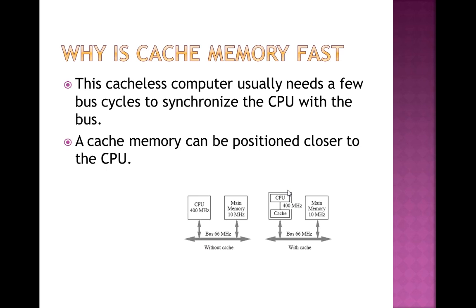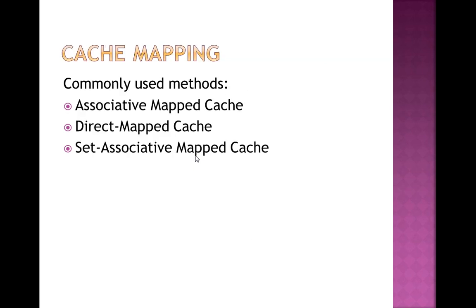Another important reason is that cache memory can be positioned closer to the CPU, that is between the main memory and the CPU. That's why cache memory is so fast and always synchronized with the CPU with the help of the bus.